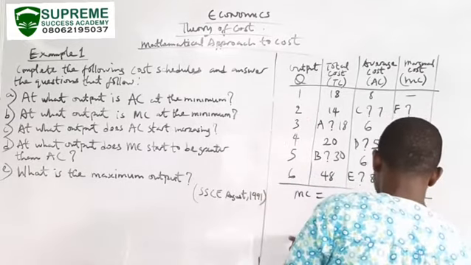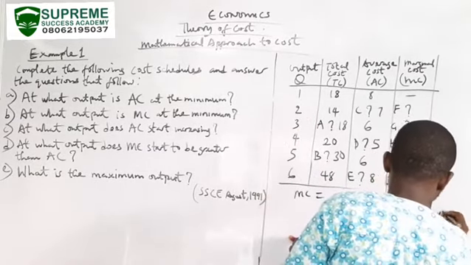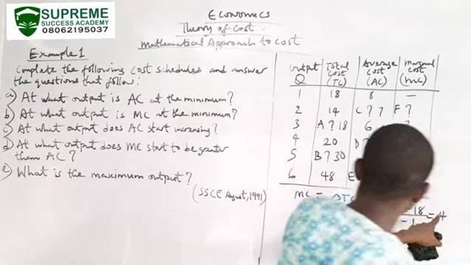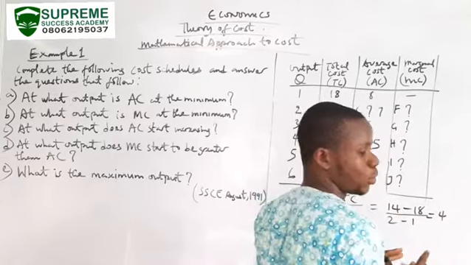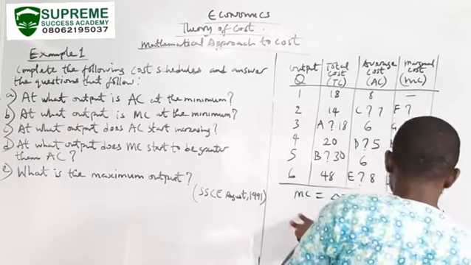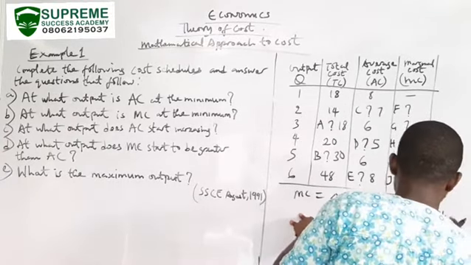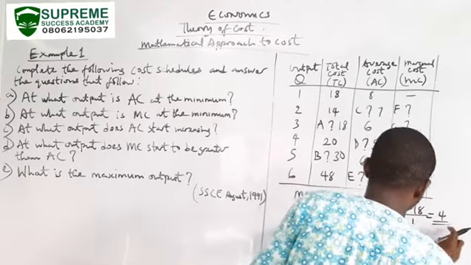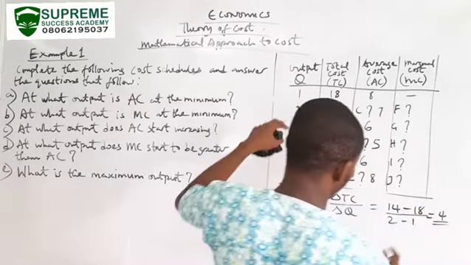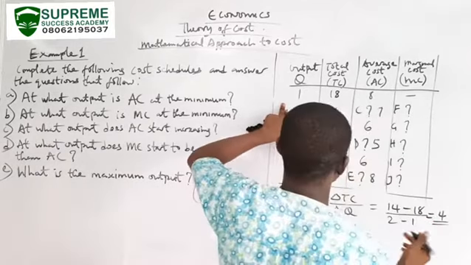This will automatically become 4. Though it's supposed to be negative 4, there is no negative output, so just ignore the minus. Remember, 14 minus 8 will give us 4, then 2 minus 1 will give us 1. 4 divided by 1 will still give us 4.